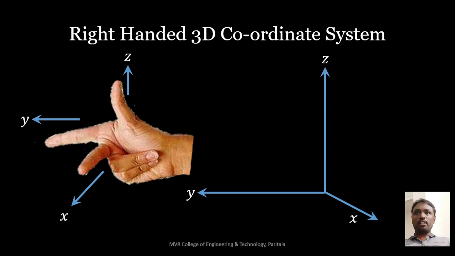Here the y-axis to the left side is positive, there the y-axis to the right side is positive. That is the complication. We already made all problems using the left-handed system, so in the middle we cannot take the right-handed system. Nobody uses the right-handed 3D coordinate system, so we follow the left-handed one.